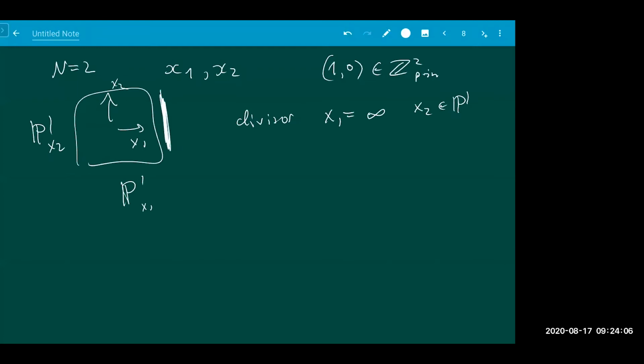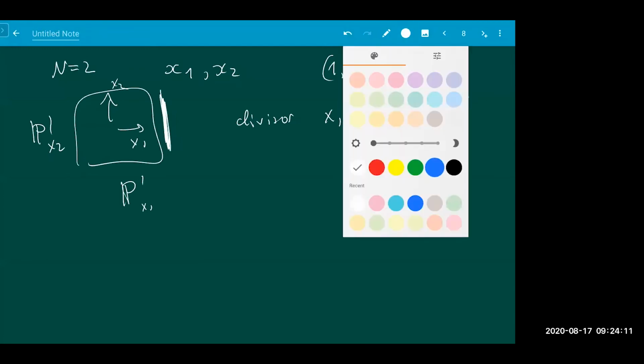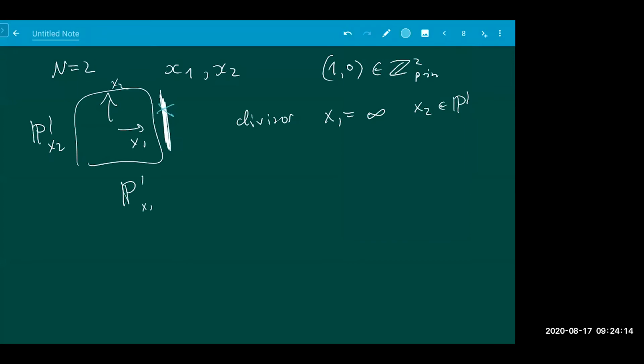It's a divisor on which my form has a pole, but now consider any point here. Let's say take a point in my field, and then make a blow up at this point. And we get some exceptional divisor on which the form will have no zeros, no poles.